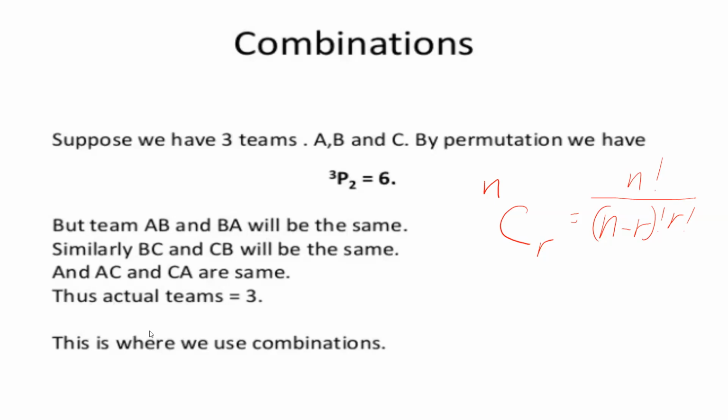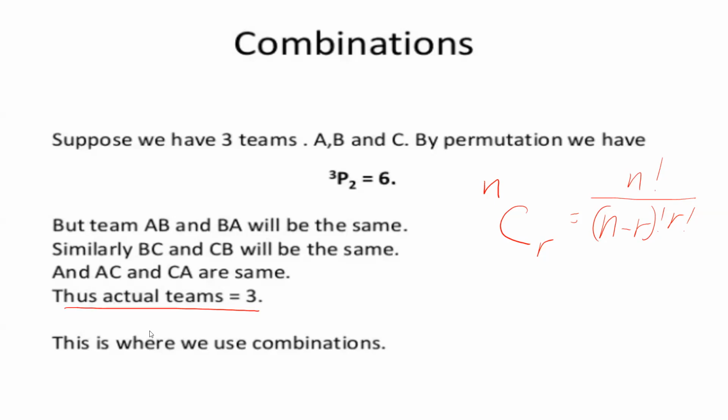Okay, I think they're illustrating the difference here between permutation and combination. You have 3 teams, A, B, and C. So you can only have 3, not 6, because A and B and B and A will be the same, and B and C and C and B will be the same, and so on.